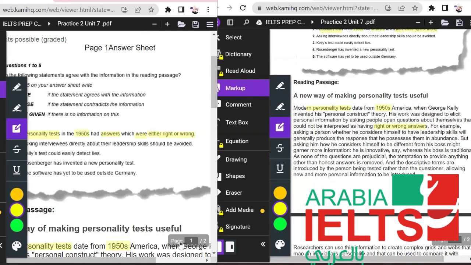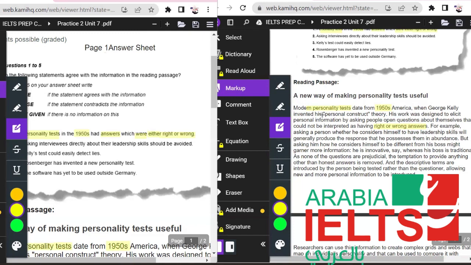So he says that this person, George Kelly, invented personal construct theory. This theory was designed to talk about personal information, but how? By asking people open questions about themselves that could not be interpreted.